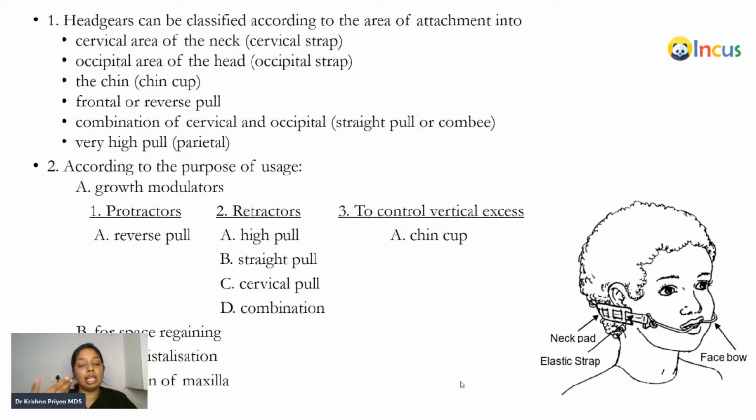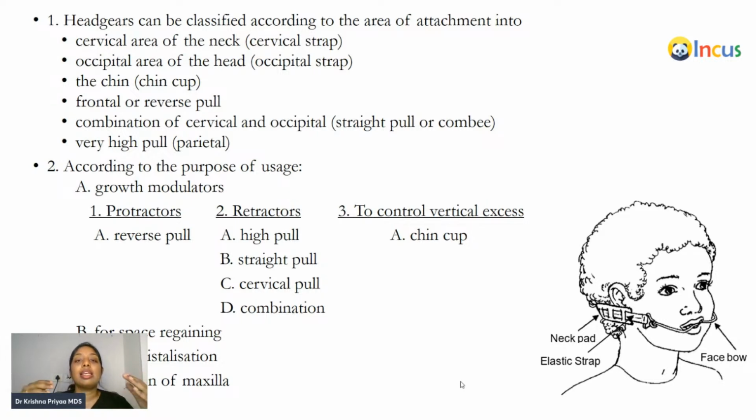Or we can also go for a combination, wherein we need the force to travel in this direction, so we take the support of both occipital and cervical. When we give both elastic straps, the resultant force will travel in the direction which is common to both. So it's called combination headgear or a very high pull headgear.